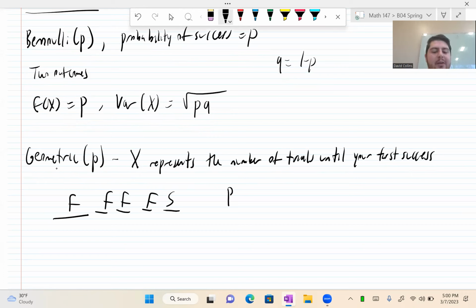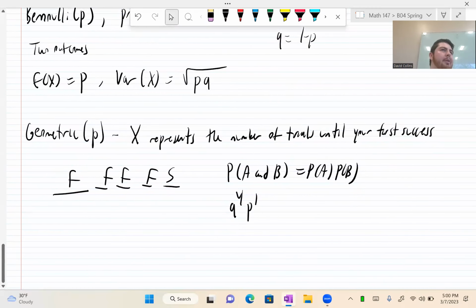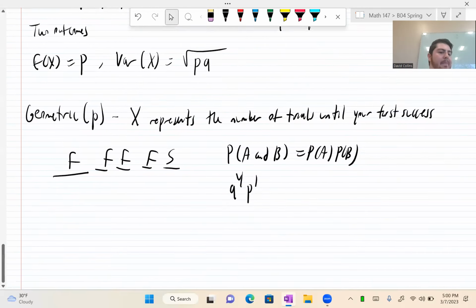Now remember from last week, the independent multiplication rule? So this would be q, your probability of failure, to the 4th, times p to the 1, or just p. That would be your probability, right? Do you guys see that?